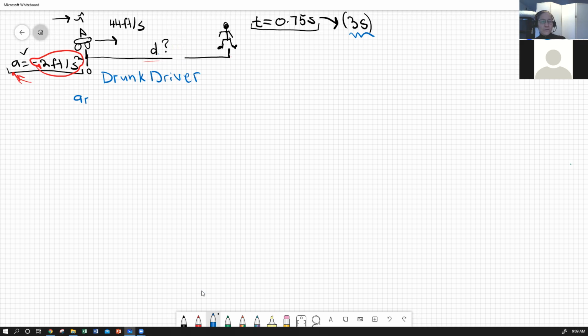So during their reaction time, acceleration is 0. Their velocity, they're driving at the same speed. Thank goodness they weren't speeding, that would have been worse. We just used a different velocity to start.